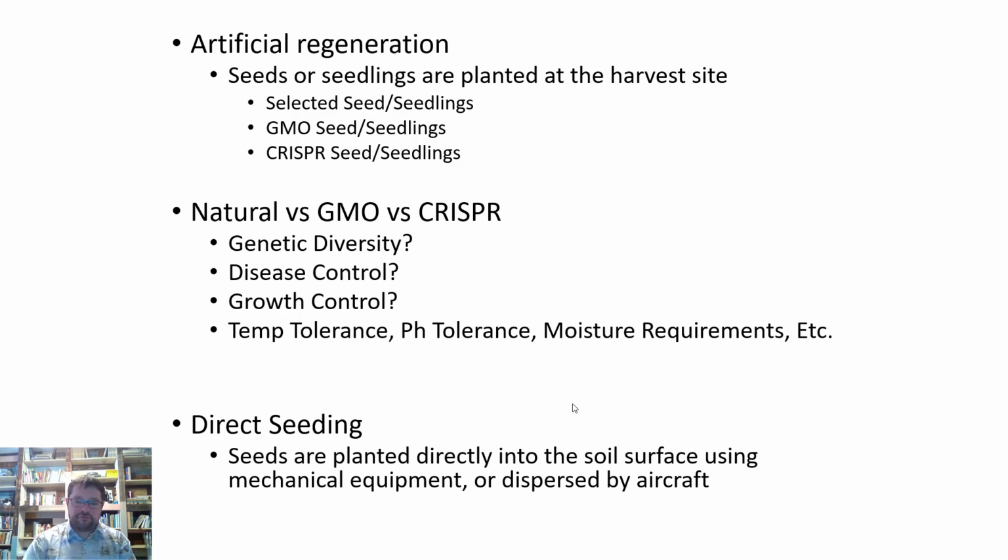Okay. If you're seeding with mechanical equipment, or if you're seeding seedlings, meaning you're hiring people to put seedlings in the ground at a certain distance away from each other, then maybe down the road you have less maintenance, less actual man hours going in and maintaining that forest.